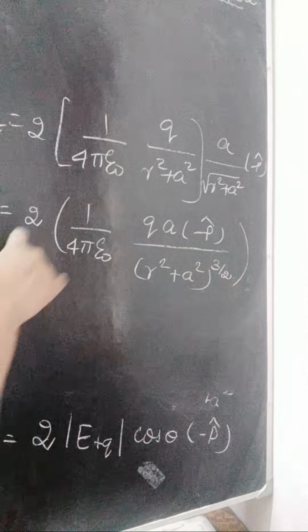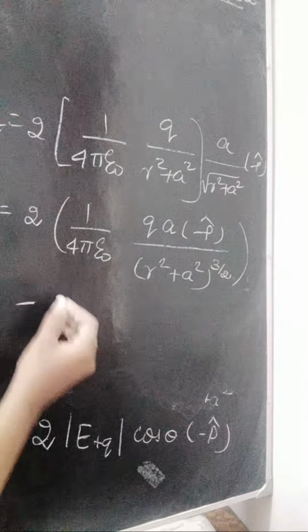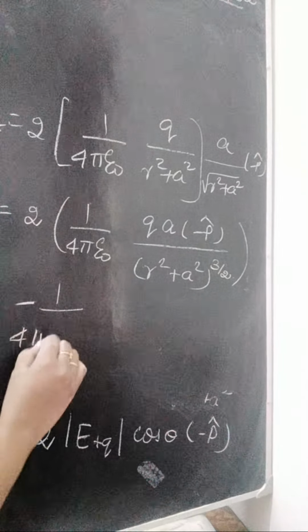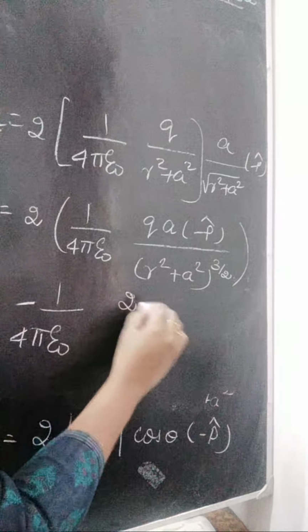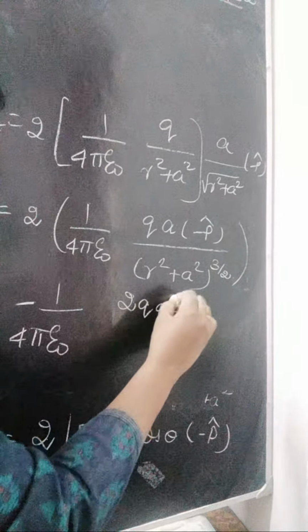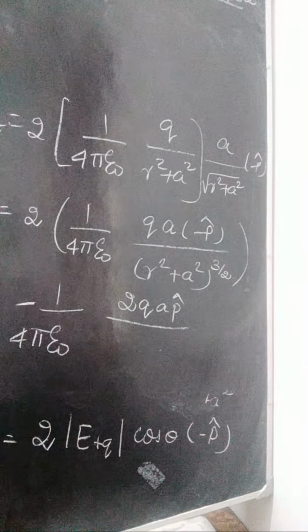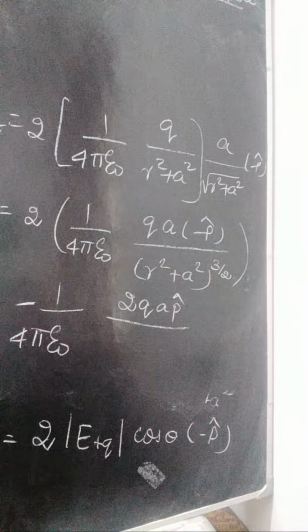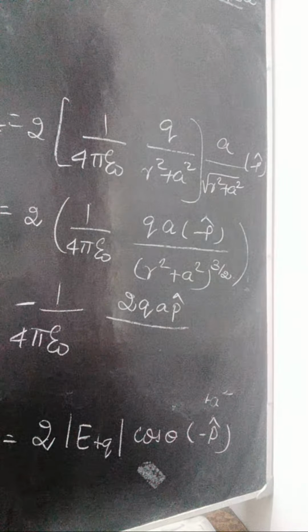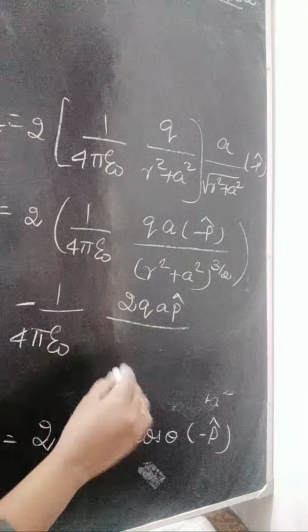Yes? Then take 2 also inside. Take the minus out. 1 by 4 pi epsilon naught 2 q a p cap divided by, again going to the assumption, when r is very much greater than a, a square becomes negligible. The a value will become negligible, right?